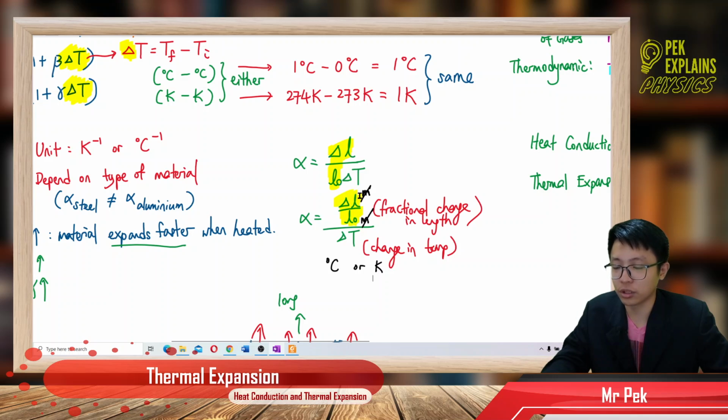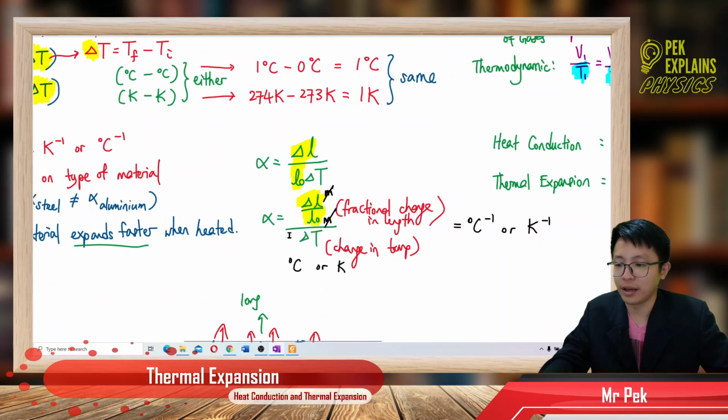So at the top, no unit, meter divided by meter, because it's a fraction. No unit per degrees Celsius or Kelvin. So that's the unit for alpha: per degree Celsius or per Kelvin.